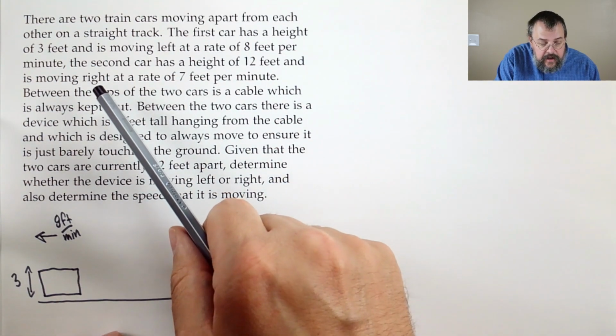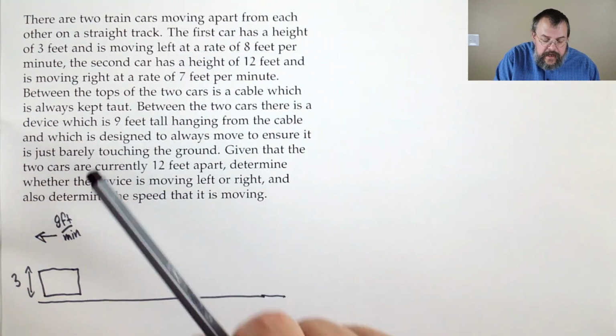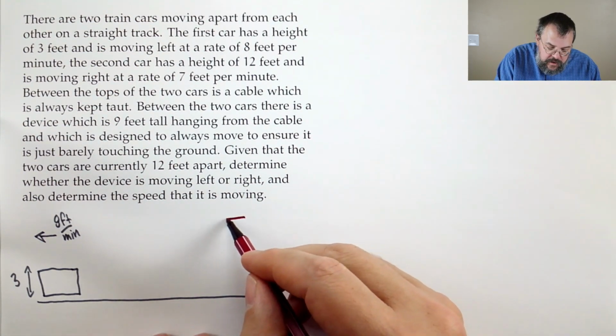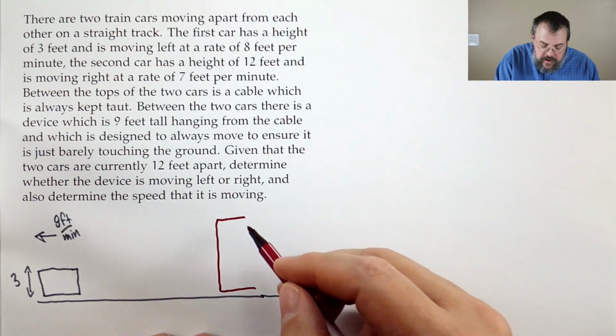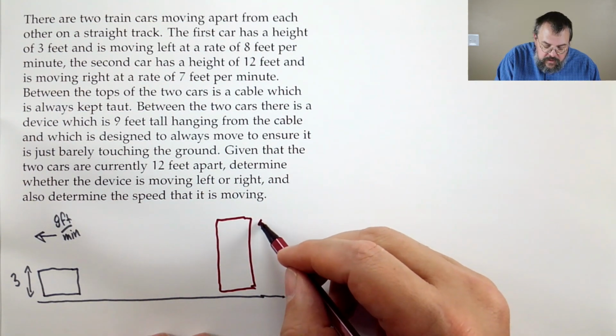The second car, it's a lot taller. It has a height of 12 feet and is moving right at a rate of 7 feet per minute. So it's, well, 4 times taller. Okay. And so this is 12 feet.